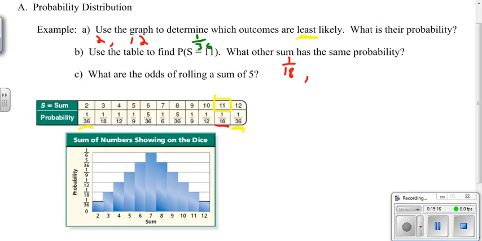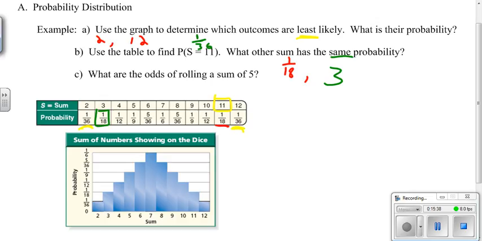Then it asks, what sum has the same probability? Over here I see another 1 over 18, so that would be 3. So 11 and 3 are just as probable, or just as likely to happen when we're rolling dice.